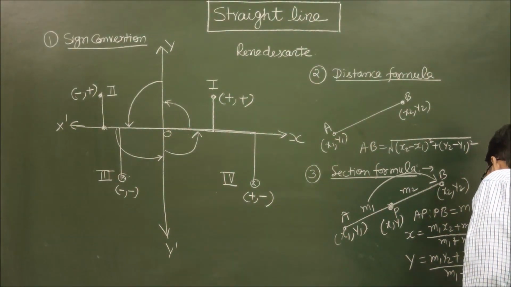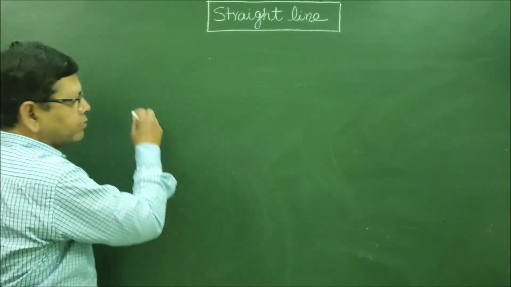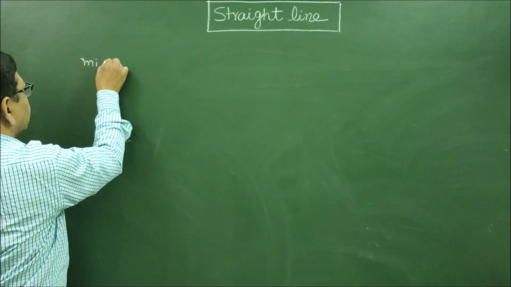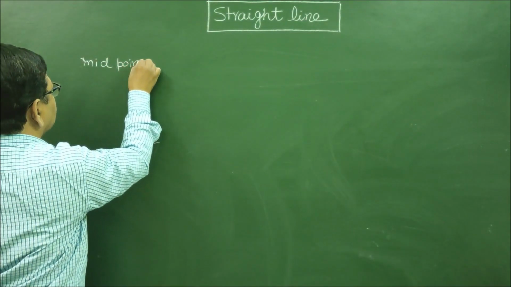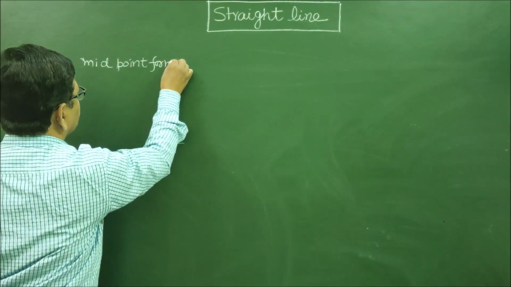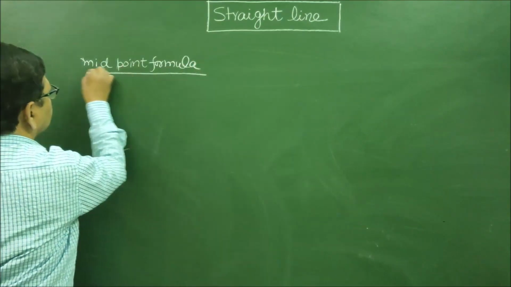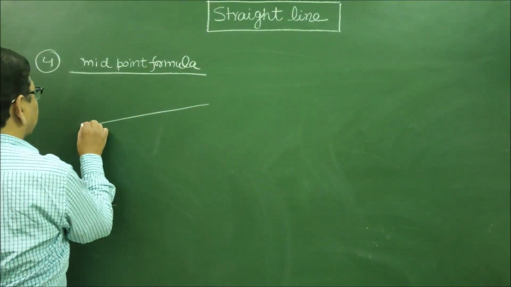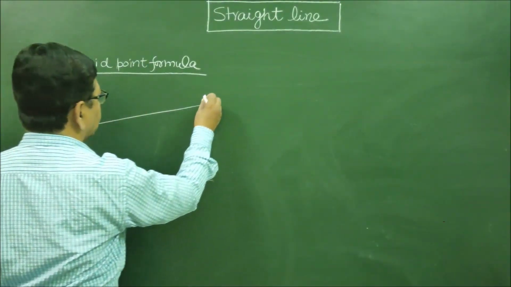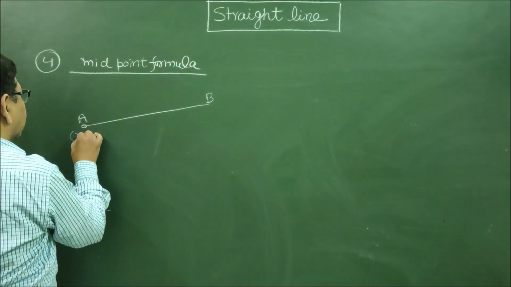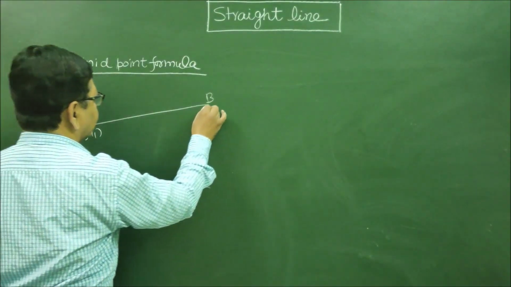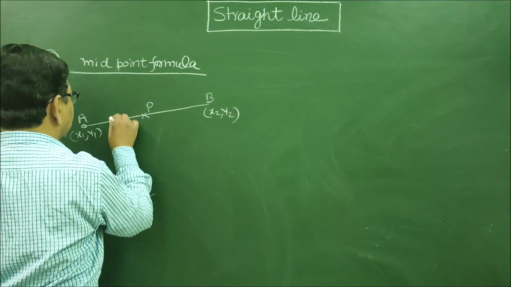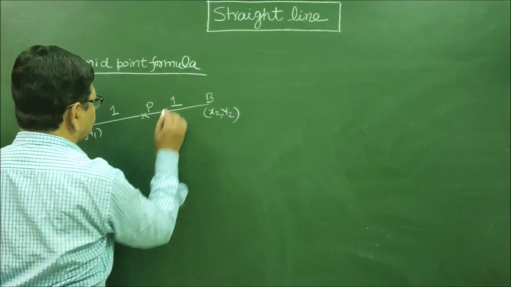Midpoint formula. If there be 2 points A and B having the coordinates x1, y1, and the other point has the coordinates x2, y2, and there is a point P lying between A and B, dividing it in the ratio 1:1.